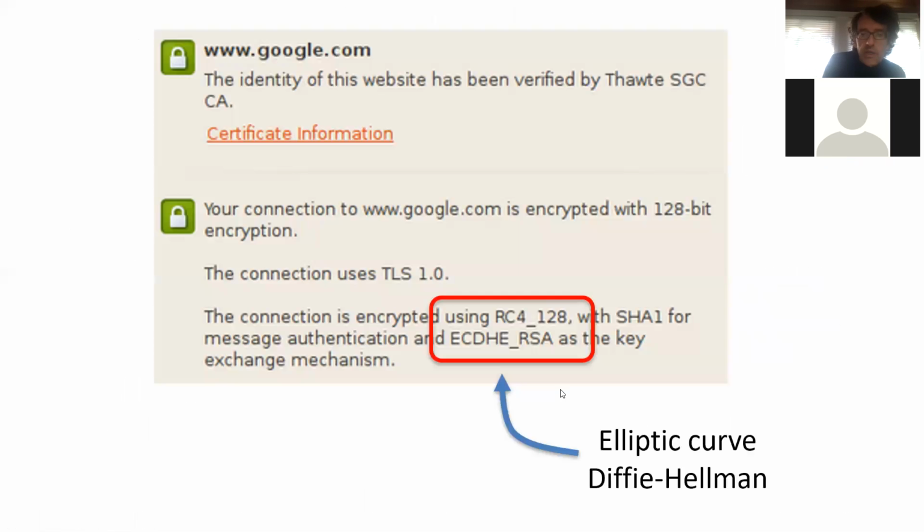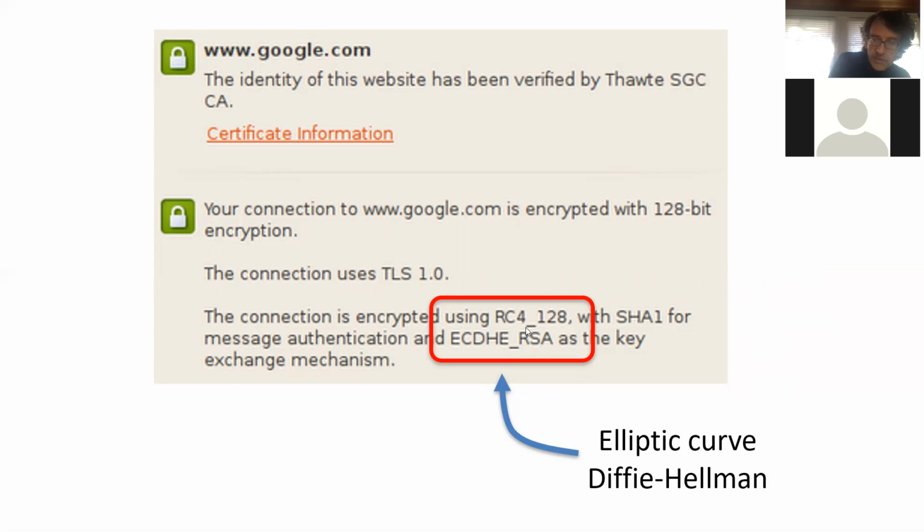Oh yes, and I have some old slide which shows that when you open up an SSL connection, at the time it was called TLS, transport layer security, with Google, it told you the encryption, the key agreement, and so on.